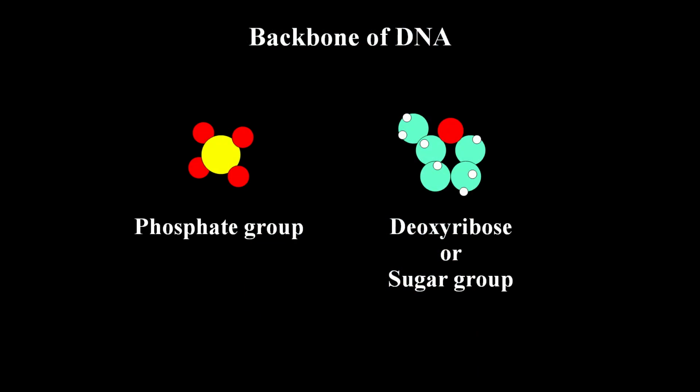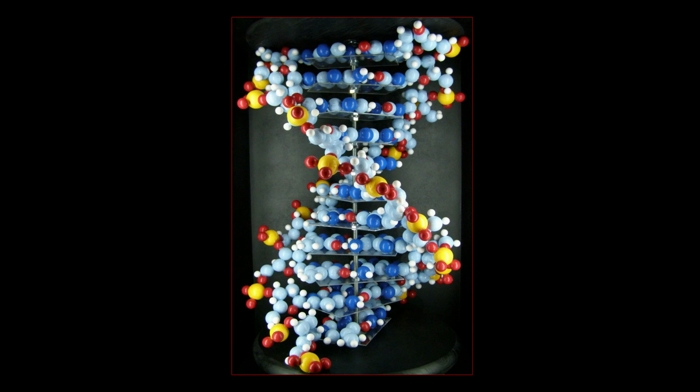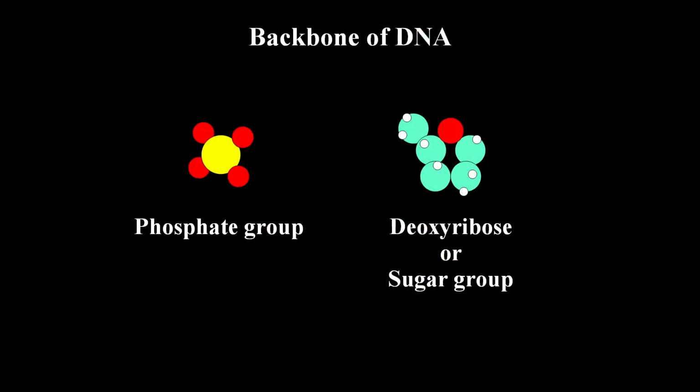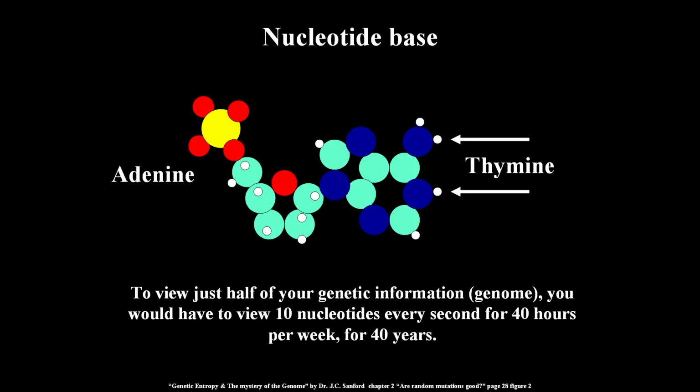Now we're talking about the backbone of the DNA. Let's go back to that model again. The backbone is on the outside edge of it. The backbone is a phosphate group and a deoxyribose, or sugar, group. And the nucleotide base is, you've got adenine and thymine coming together, and you've got that phosphate group right there along with the sugar group.